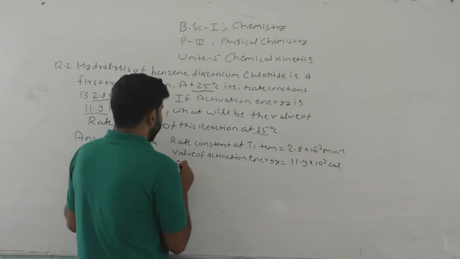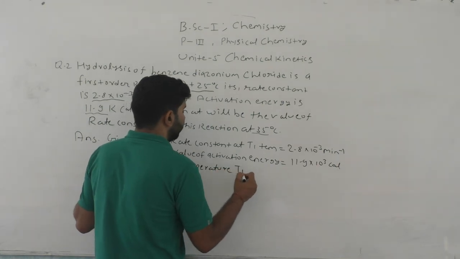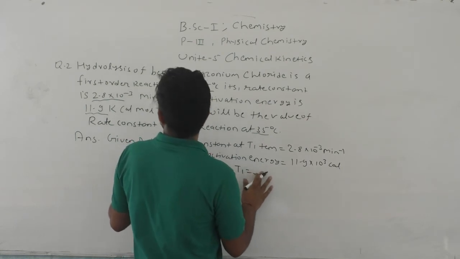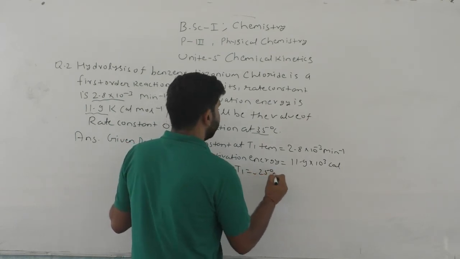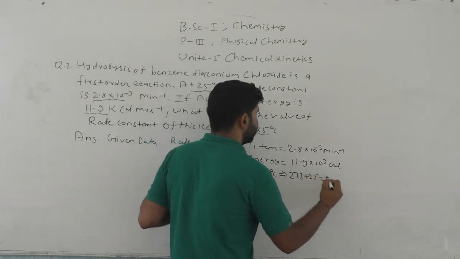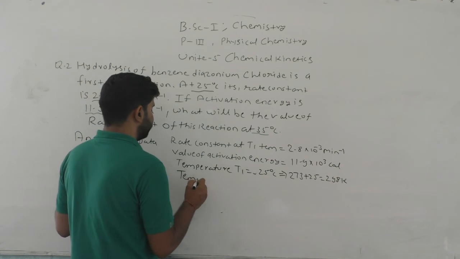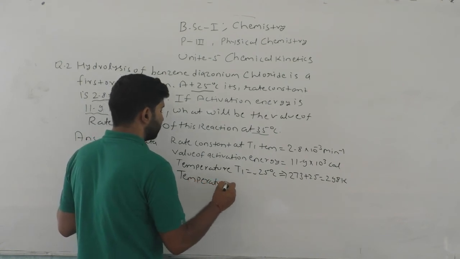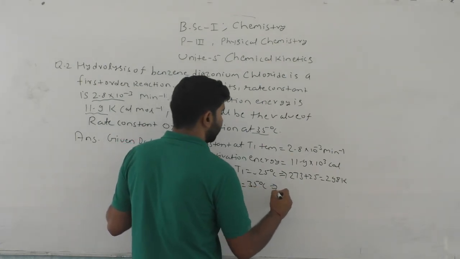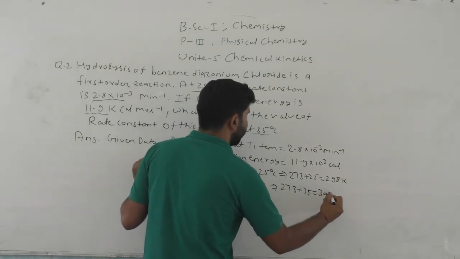Other given data are: temperature T1 equals 25 degrees, or we can write 273 plus 25 which equals 298 Kelvin. Temperature T2 equals 35 degrees centigrade, or we can write 273 plus 35 equals 308 Kelvin.